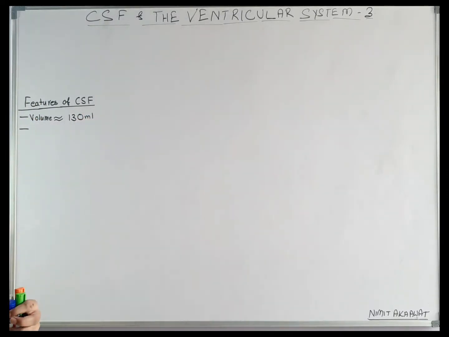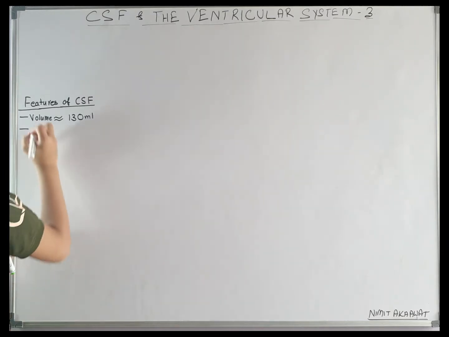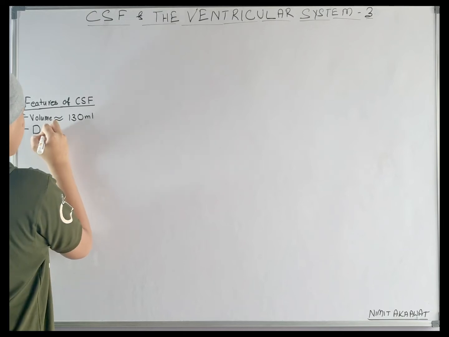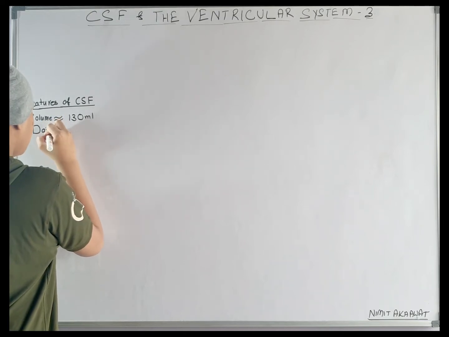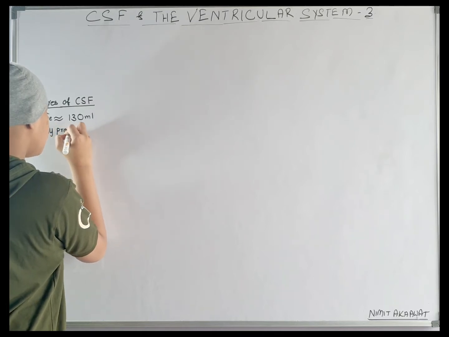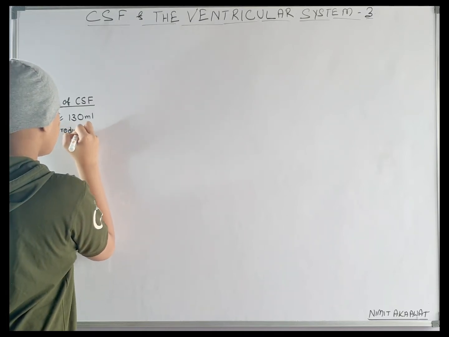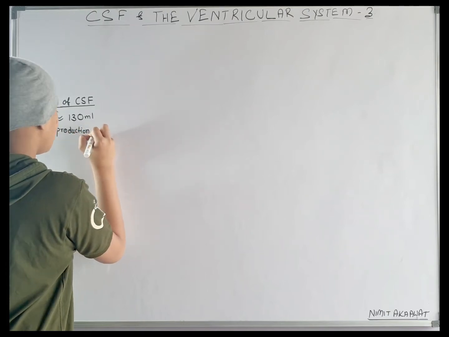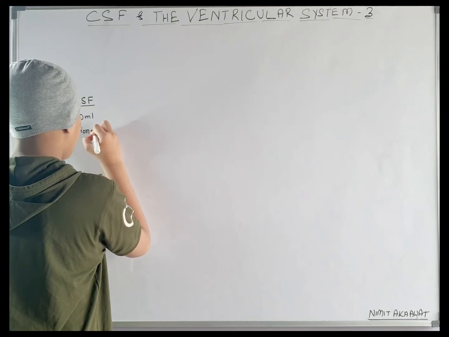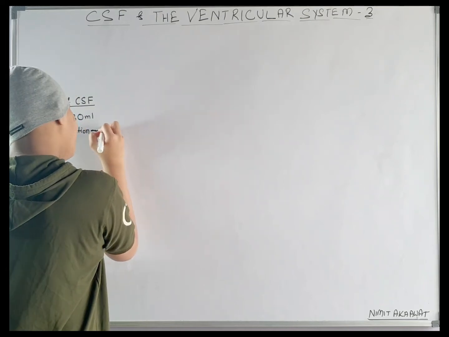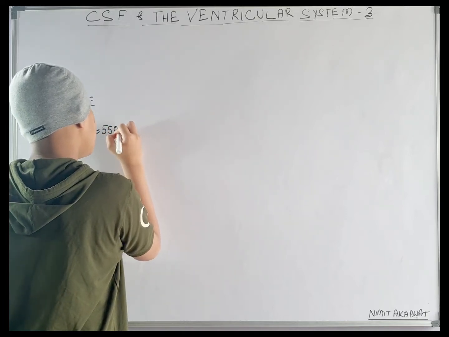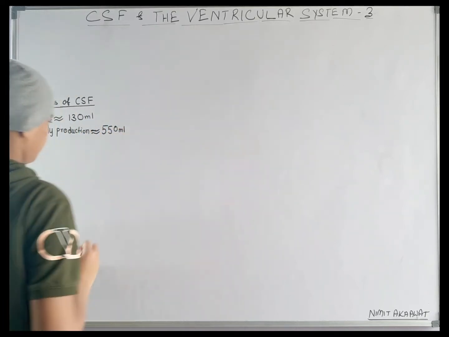Then, the second feature of cerebrospinal fluid is the daily production of CSF. The daily production of CSF is about 550 ml per day.